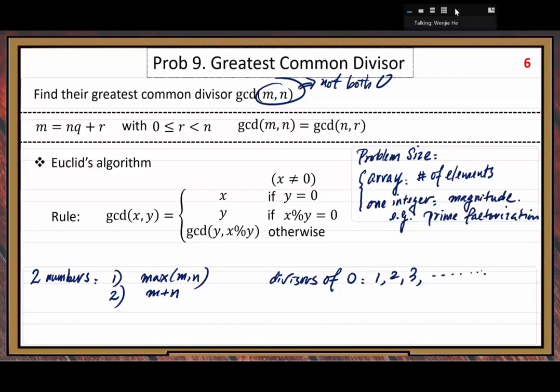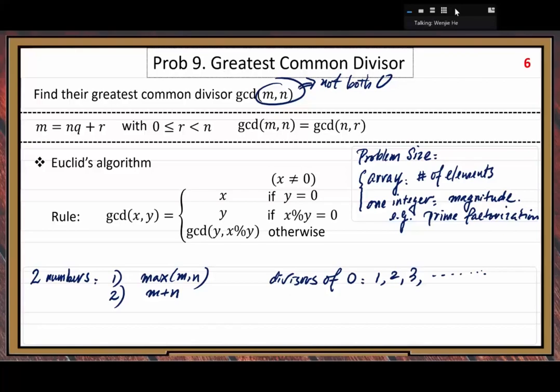Second thing, why does this algorithm run much faster than the prime factorization based algorithm? We know prime factorization is very slow. Here, why can we avoid prime factorization in this algorithm?